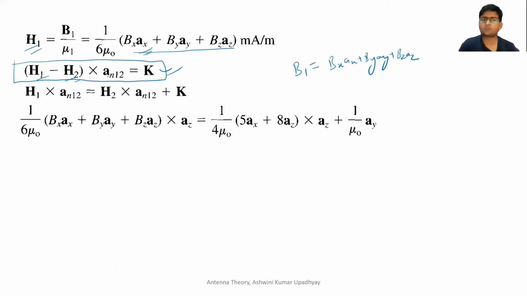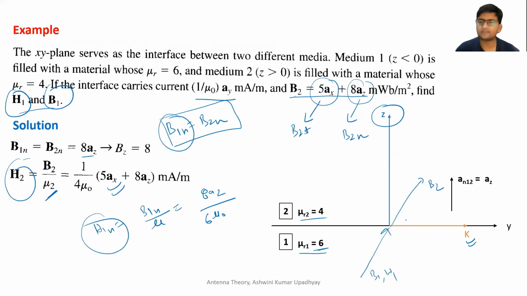And then you will take the cross product with a_n12, and a_n12 is the unit normal vector with respect to the boundary. So for this case, since this is your medium 1 and this is your medium 2, a_n12 will represent the vector going from medium 1 to medium 2, which is normal to the boundary.